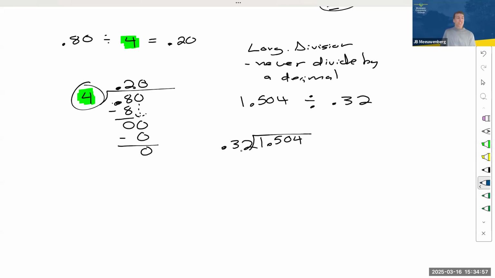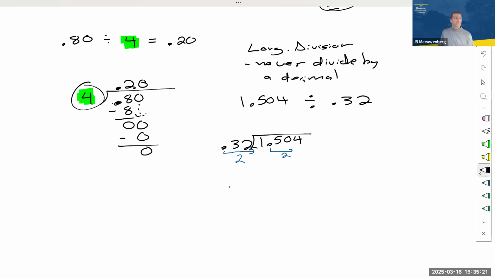What we do is we change this to a whole number by moving the decimal all the way to the end. And then we count how far we moved it. 2 places. We moved that decimal point 2 places to the right. We then make the corresponding move the same number of places to the number on the inside. We're going to move it 2 places to the right.